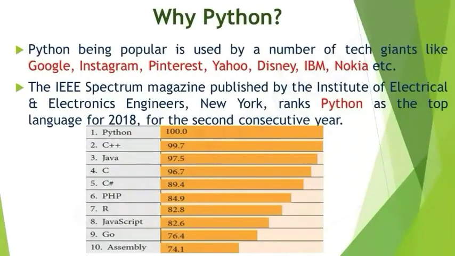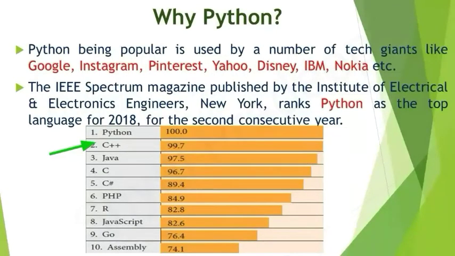IEEE engineers from New York published a magazine. In this magazine, the engineers ranked Python as a top level programming language. The statistical data of all the languages is given there. In that data, Python stands in first place, which means it scored 100%.